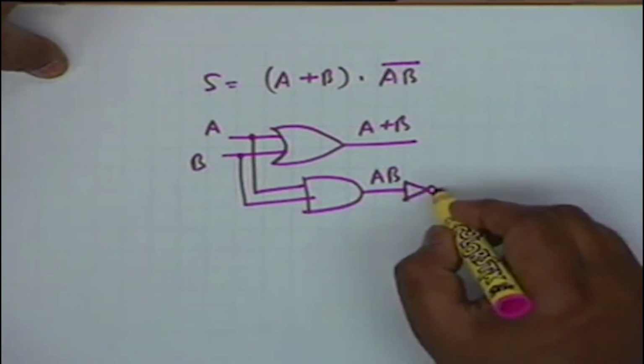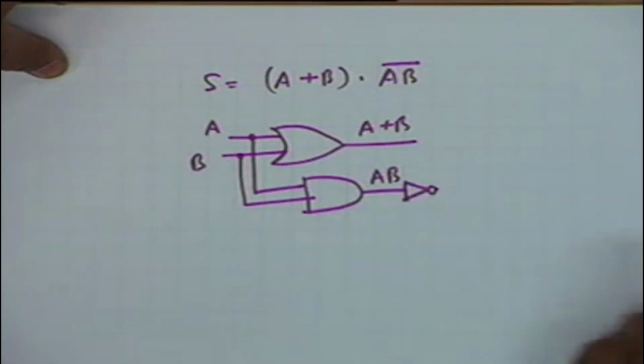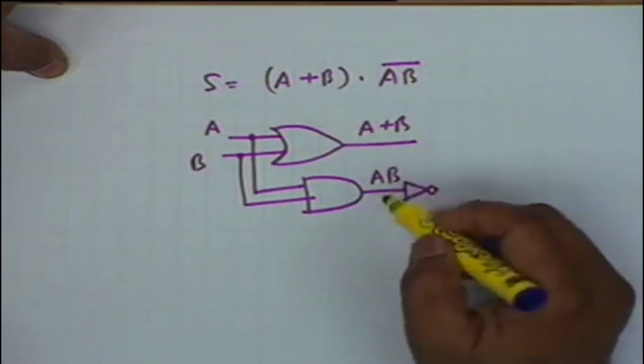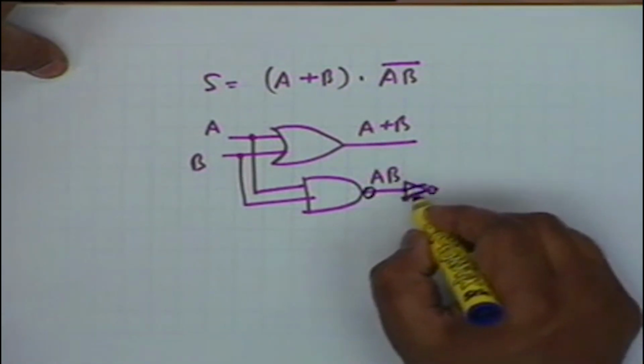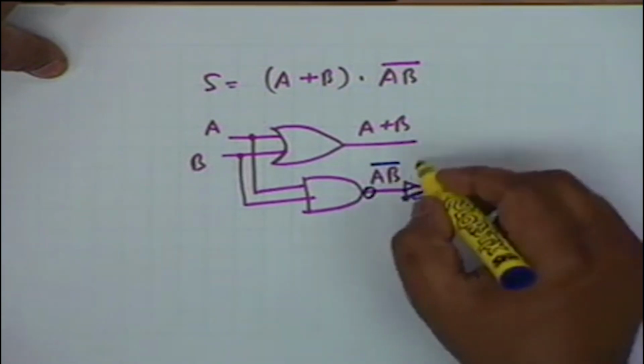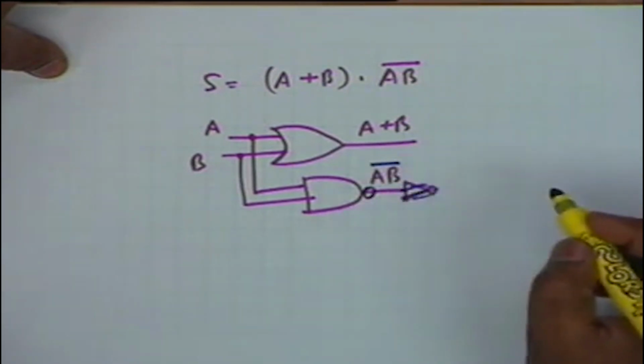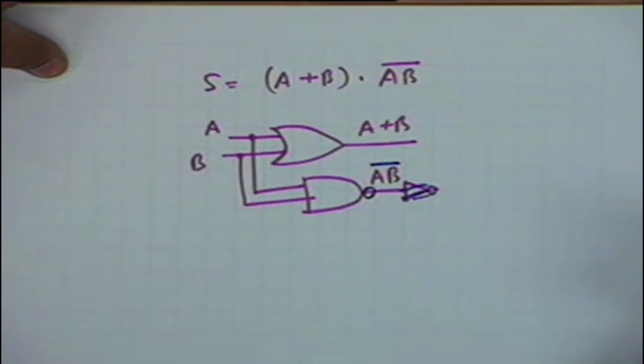All right, let's take an AND, then this is AB bar, and therefore either way it's okay.